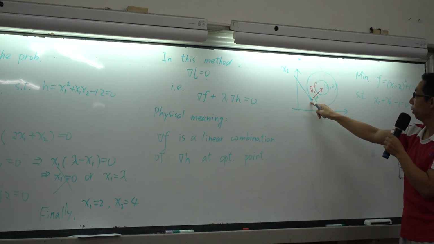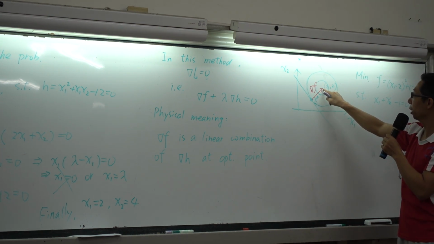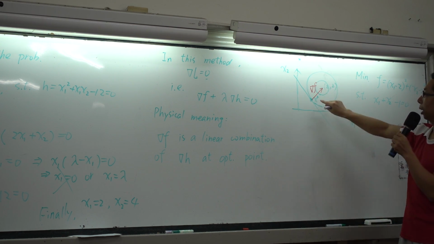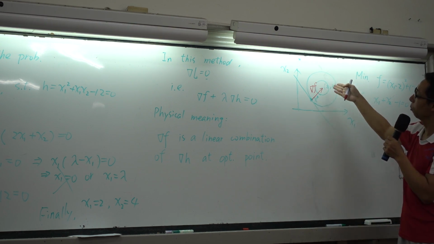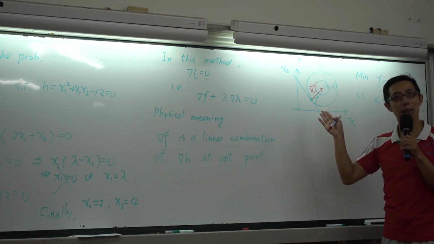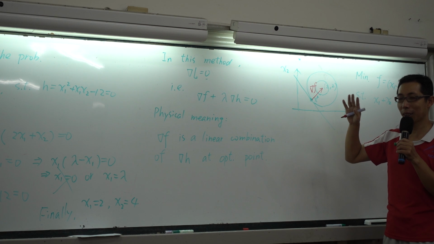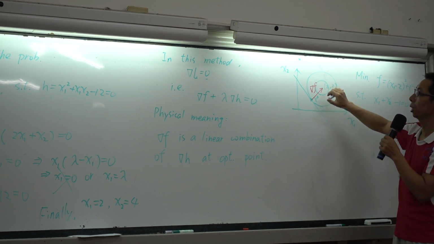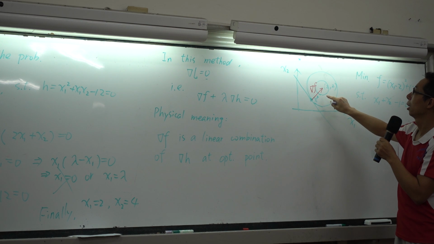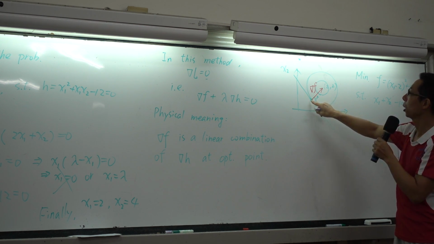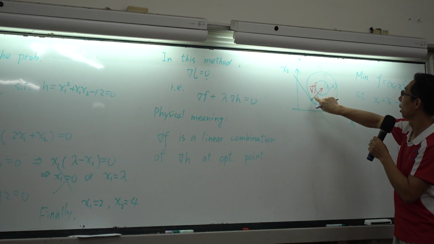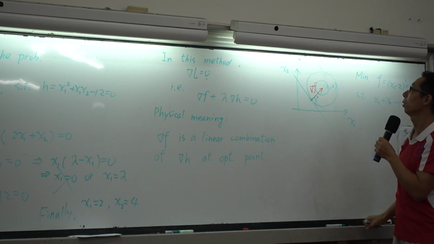Over here f is smaller, but over here f is larger, so gradient f is in the direction of function increase, or actually maximum function increase. Did I tell you this before? I hope so, you should have learned it. The direction of gradient f is the direction in which the function value increases the fastest. Here the function value should be smaller, and here it is 1 and 1, okay. So anyway, it goes in this direction, this is gradient f.